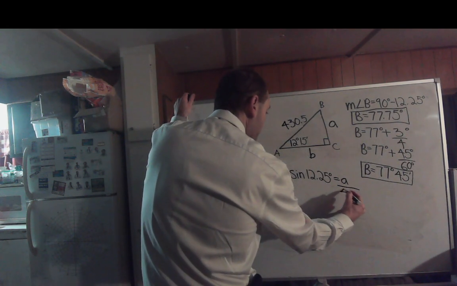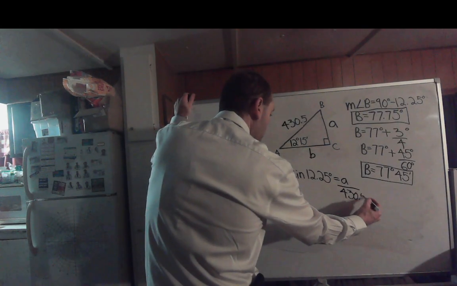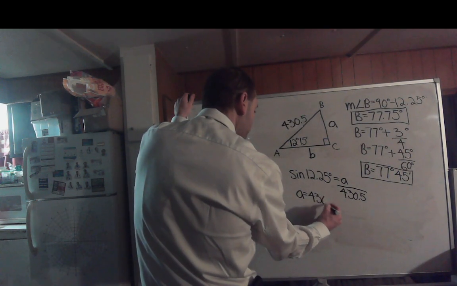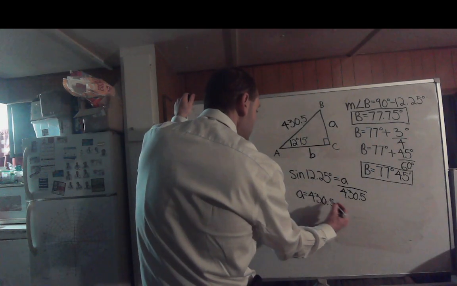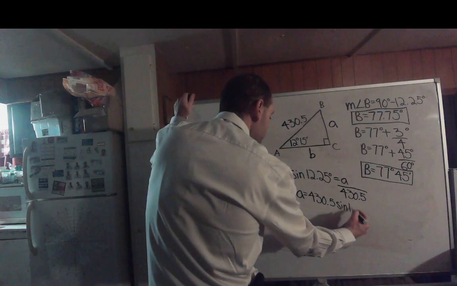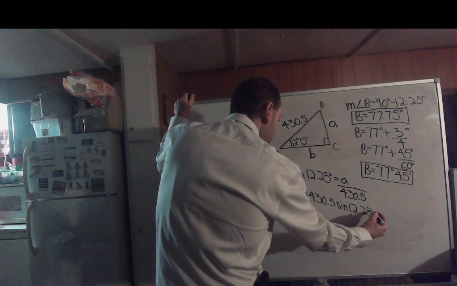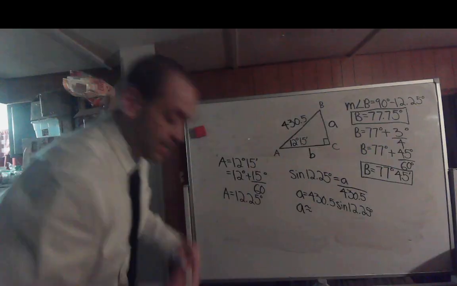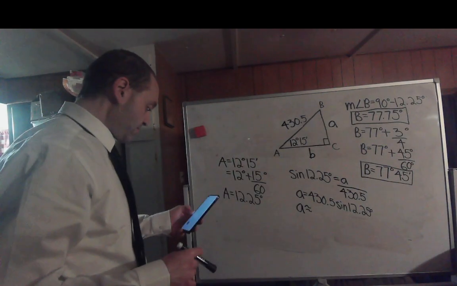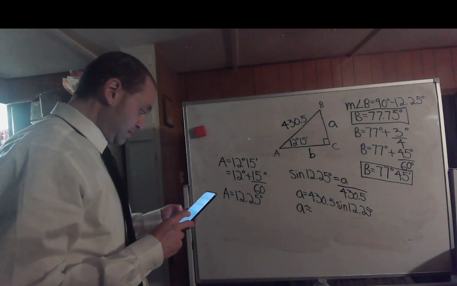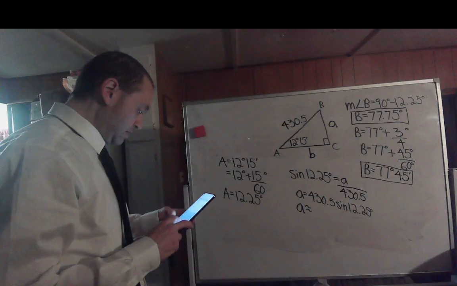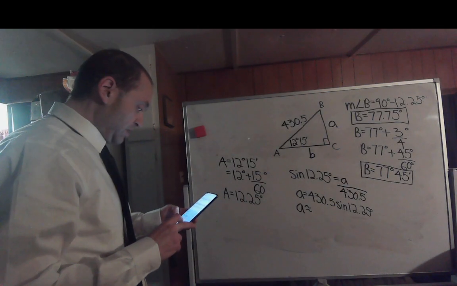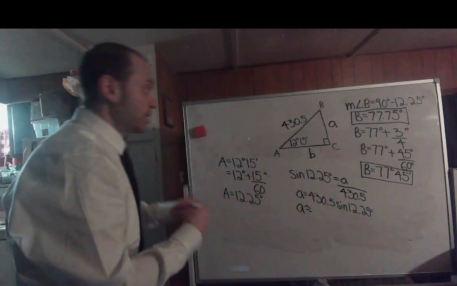over 430.5, which means that A equals 430.5 times the sine of 12.25 degrees, which now we should be able to get a 2 decimal place approximation for side A. Which would give you about 91.34.